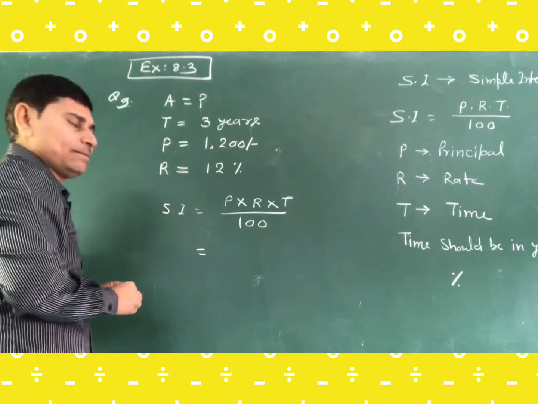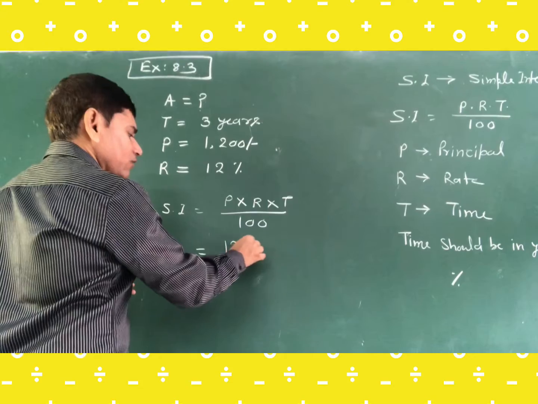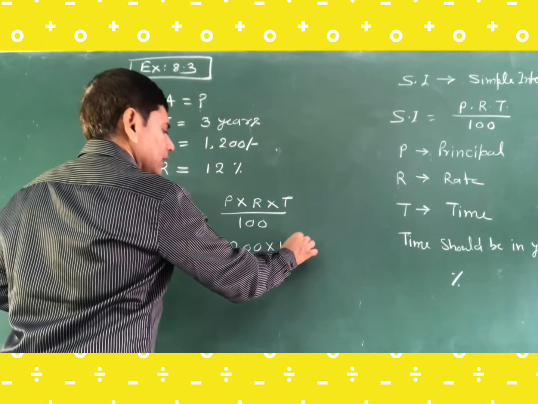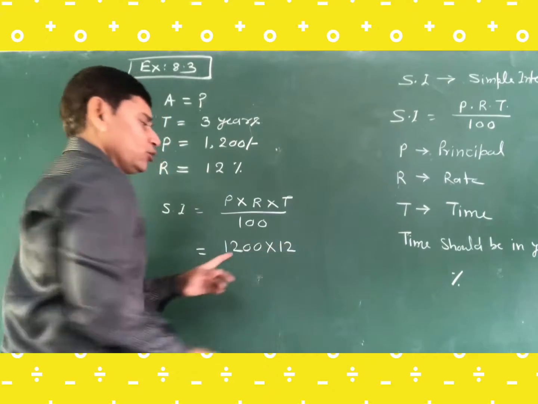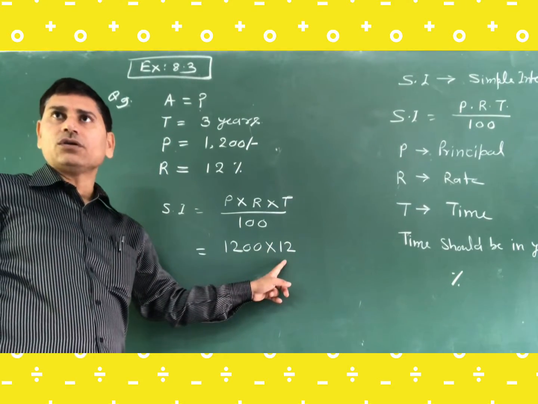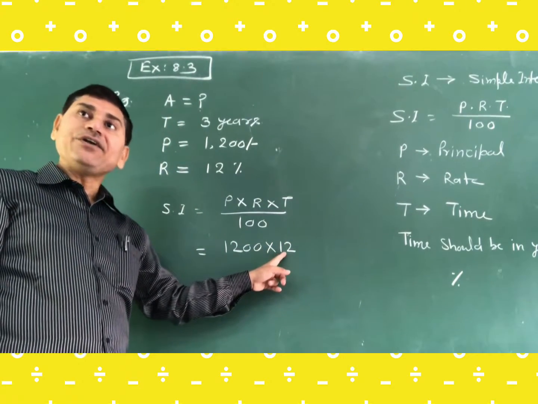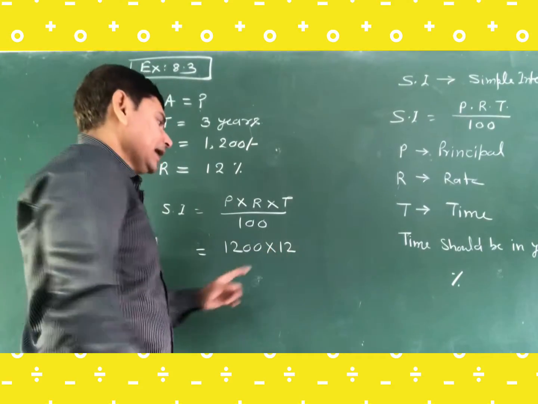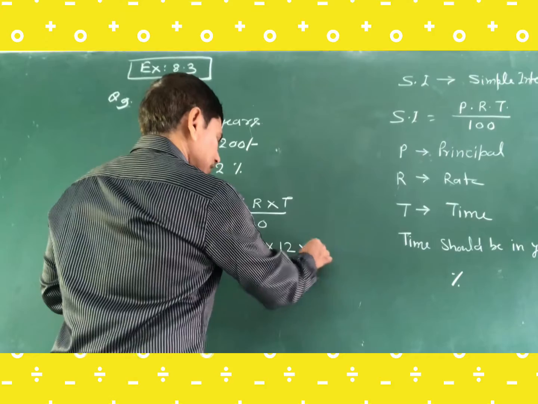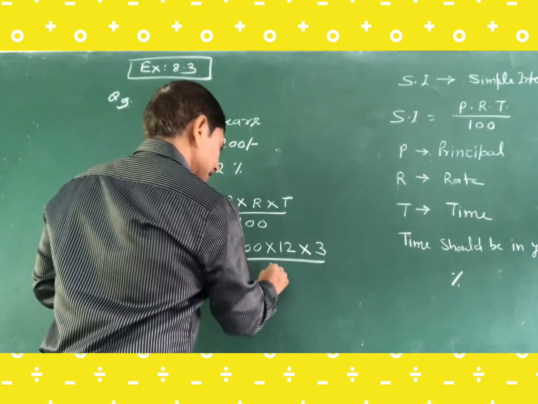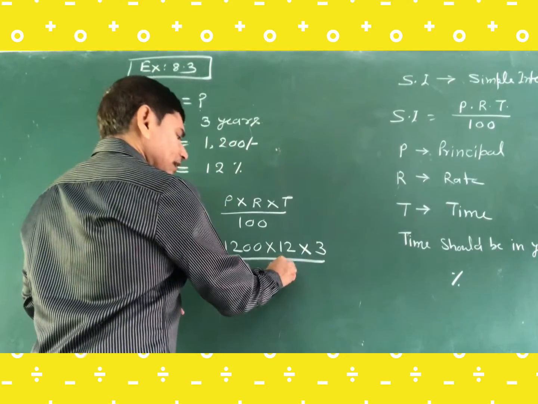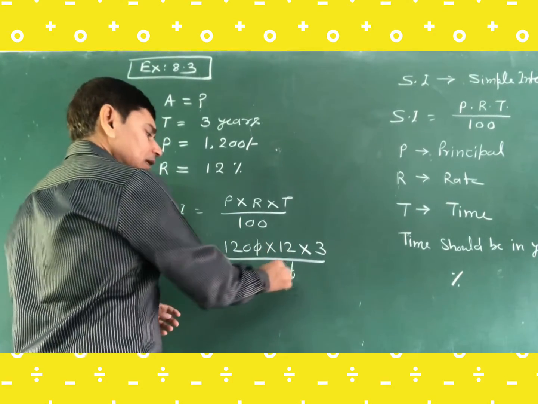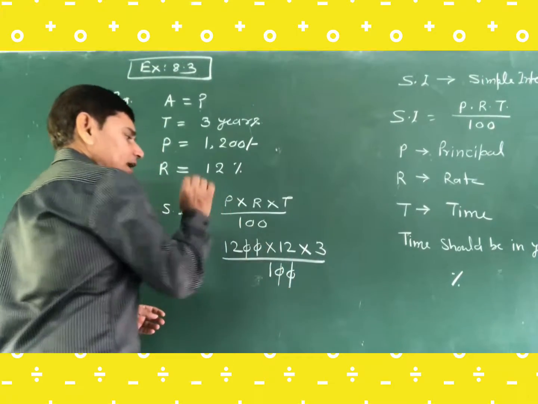You can put P as 1200, R as 12, only 12, you do not write the percent sign, and time as 3, divided by 100. Now you can simplify it. 0 and 0 cancel out. Again 0 and 0 cancel out.